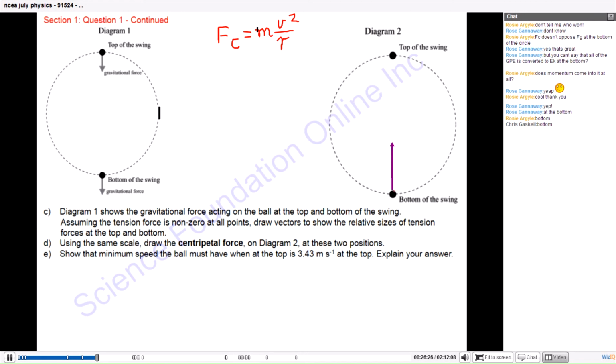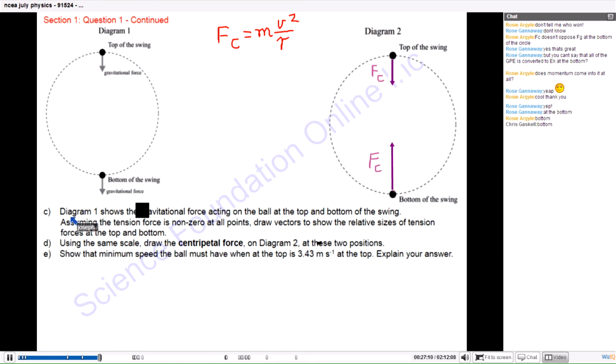It must point to the center of the circular path. And it'll be smaller at the top. Okay, there we are. That's what the centripetal force is going to look like. Fc. Smaller at the top and bigger at the bottom. Make it quite clear in the comparative sizes you use for the arrows so that it makes sense. Why is that? Very simple, because the speed is greater at the bottom of the circle.